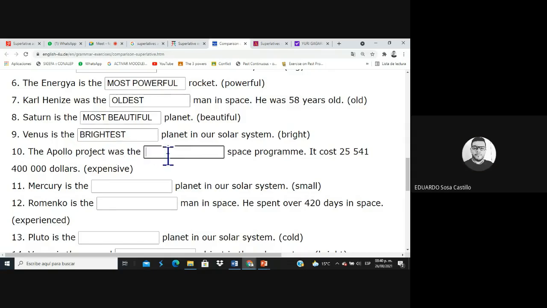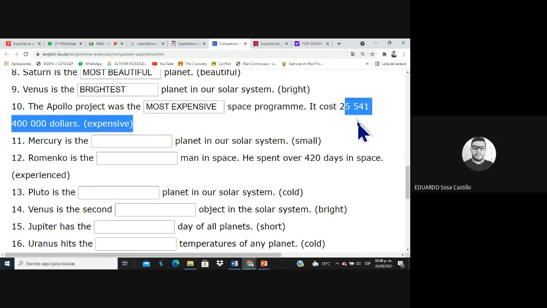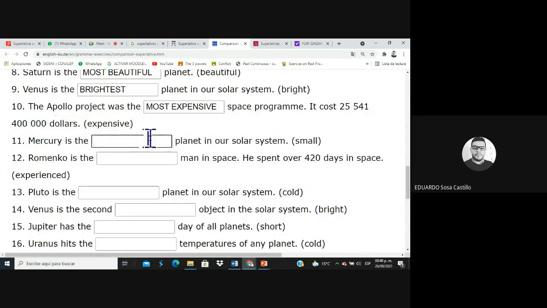The Apollo project was the most expensive space program. It cost a lot of money, a lot of dollars. Look at this number. It's impressive.